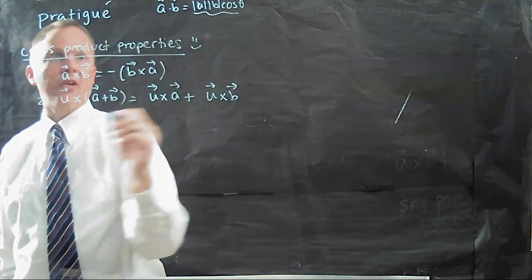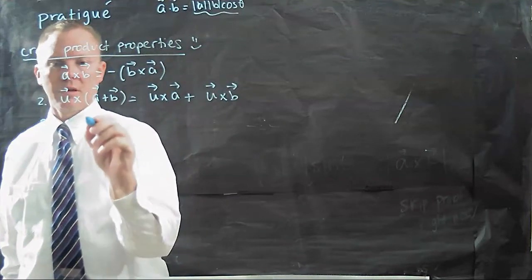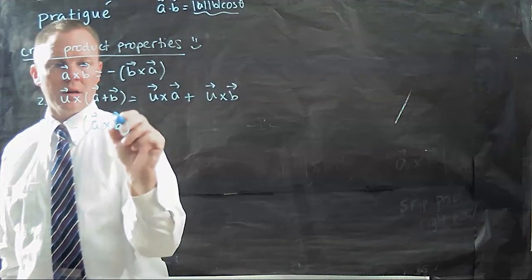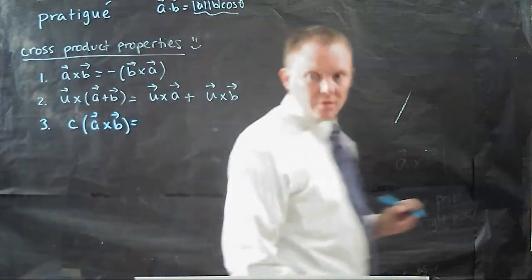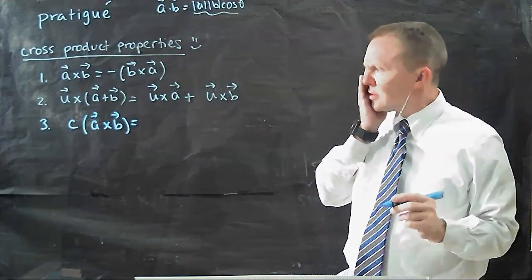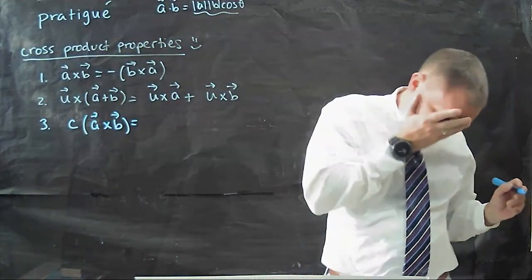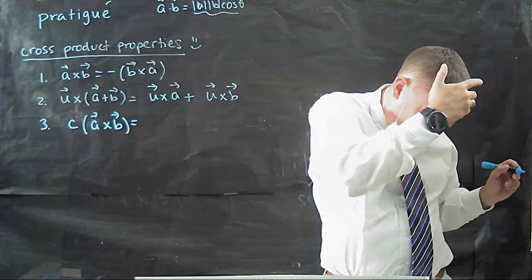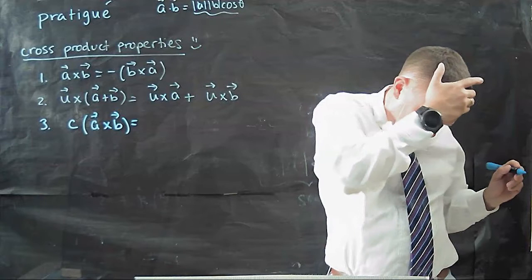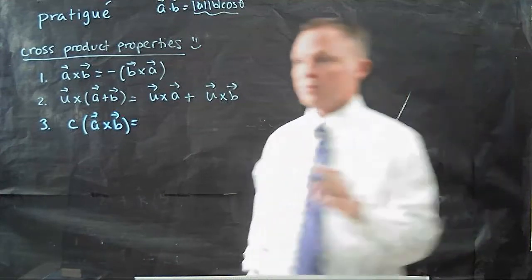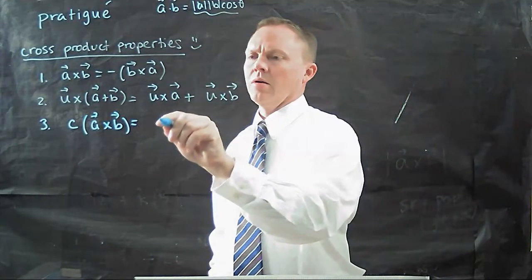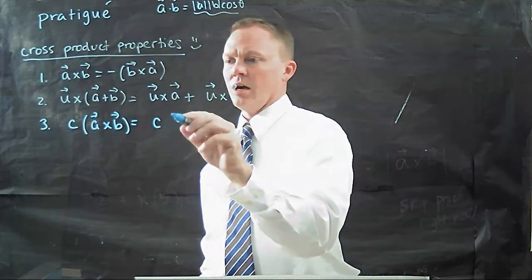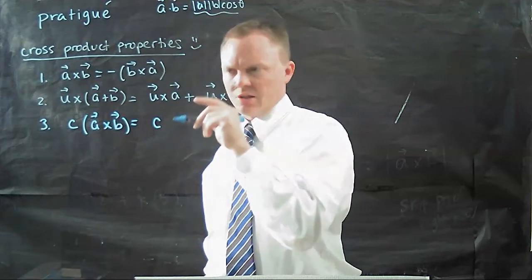What if we have a scalar and we multiply it by A cross B? Is that the same as CA cross CB? Does it distribute like that? Well, yes, but you only need to distribute it once.